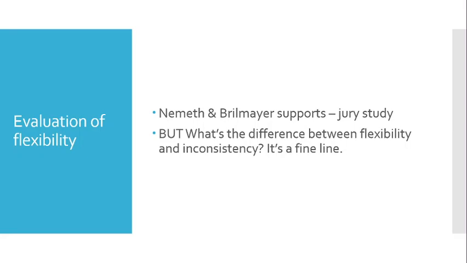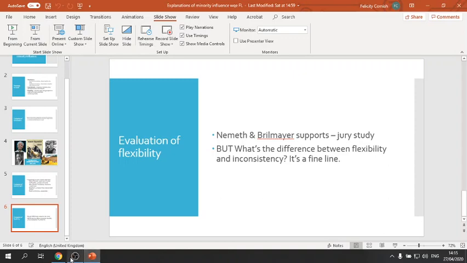If you're going to accept some of the points of view of the other side, how do you stop that from being inconsistent? It's a bit of a grey area, and so that's a bit of a weakness of the idea of flexibility. So there we go, quite a short video, that one, and that's explanations of minority influence.